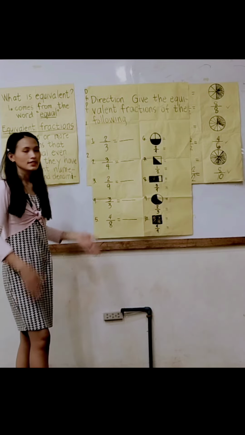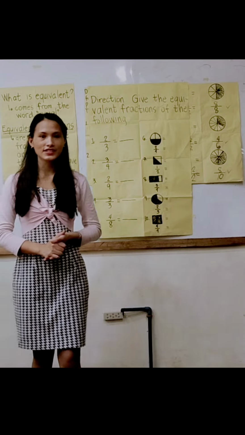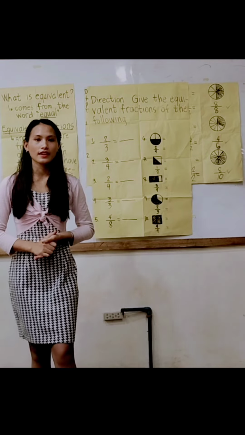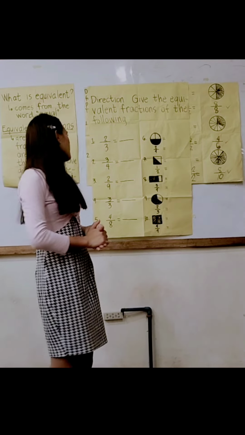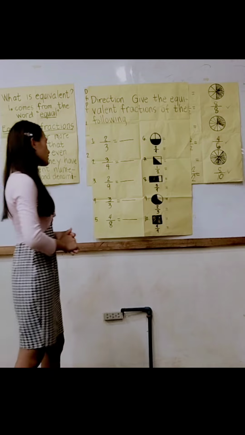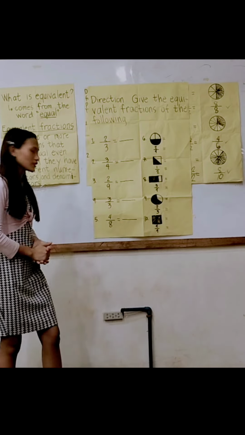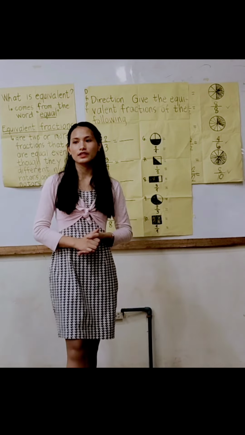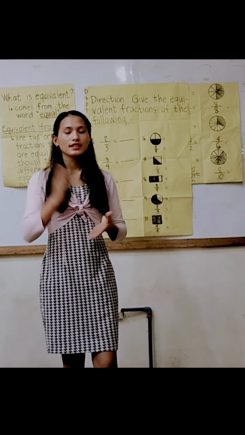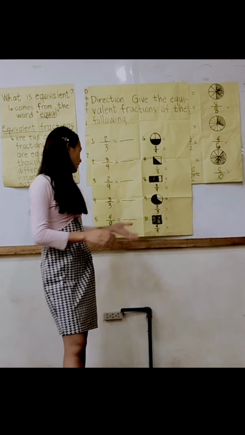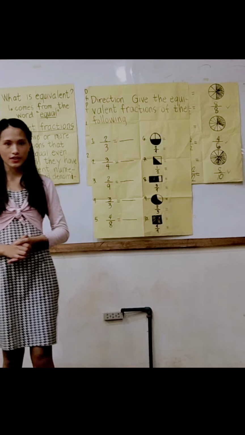Okay, since you already know how to get the equivalent fractions, then it is easy for you to answer this activity. So for this activity, I will give you 10 minutes to answer this. Okay, you may take your time.